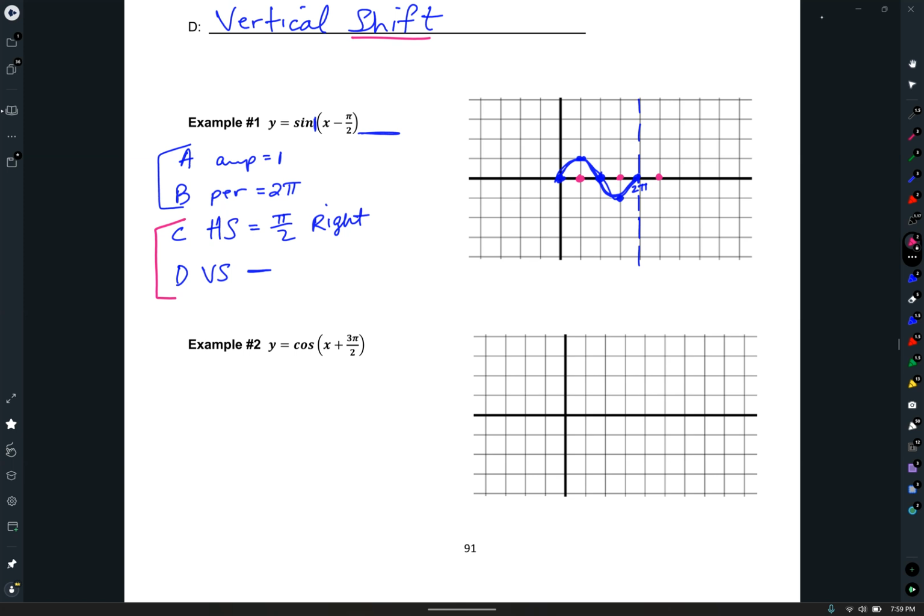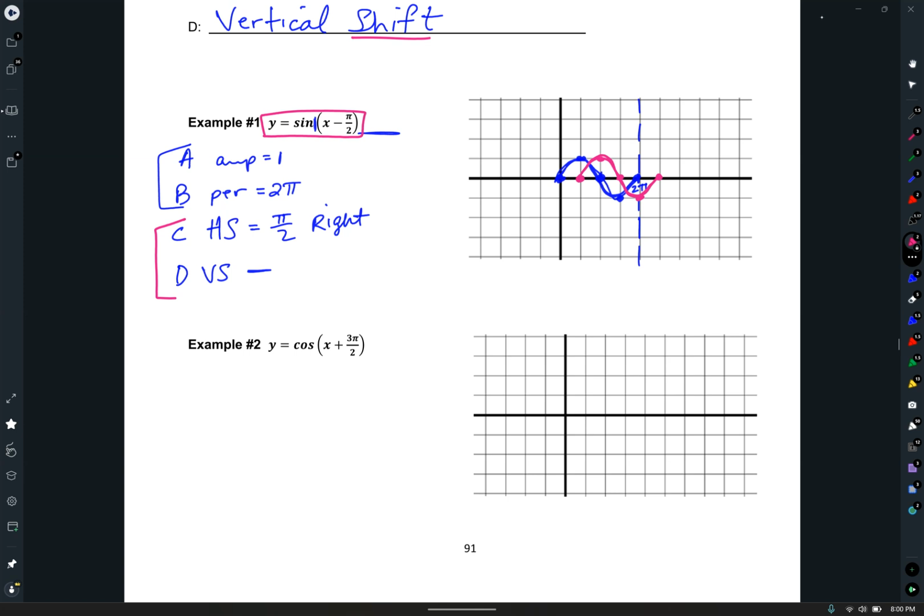Okay? And then I need to move these other points over 1/2 pi, so one line, that one's going to go there, that one's going to go there. And so this piece is the final graph that represents our final answer, this sine of the quantity x minus pi over 2.